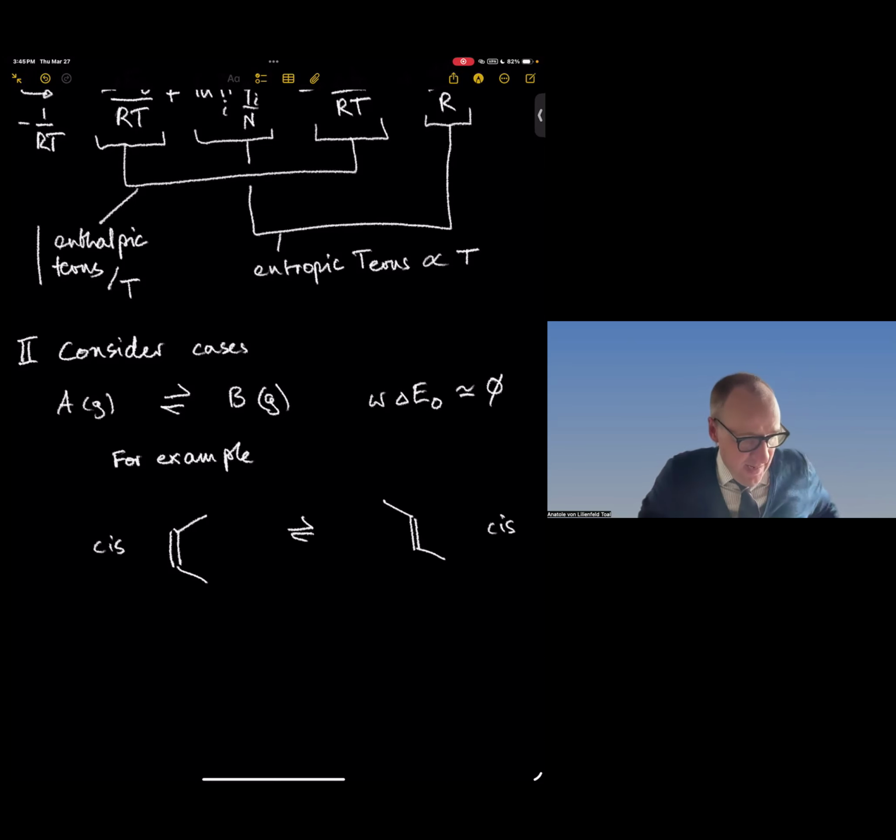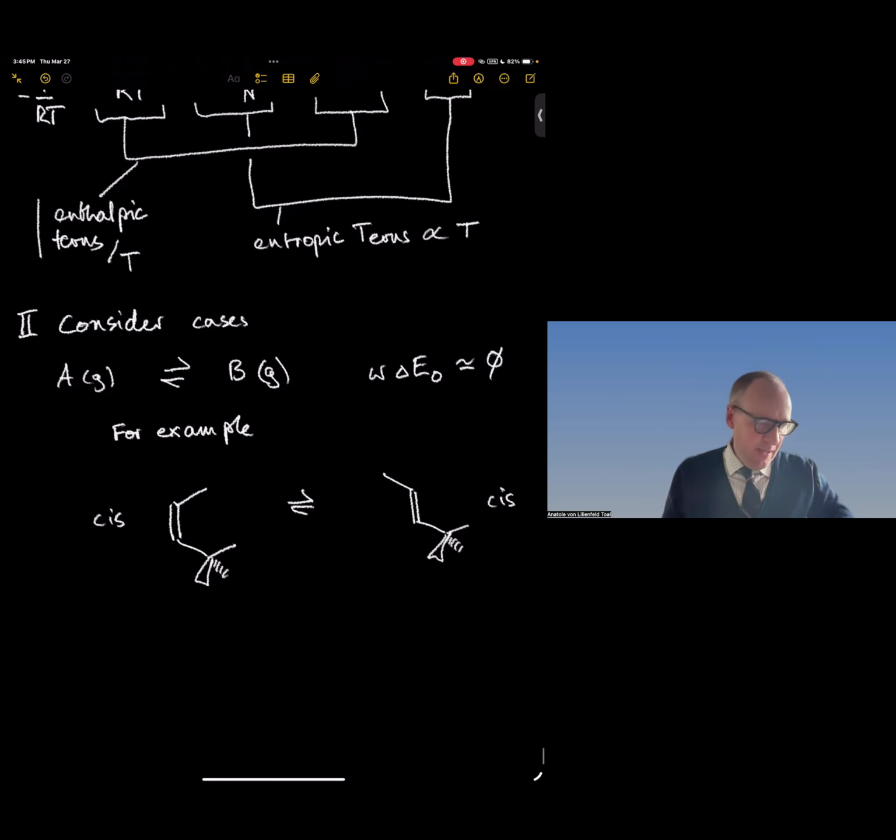And to make this interesting, we decorate one of the methyl groups by another bunch of substituents. So let's say we have another set of methyl groups here and also here.